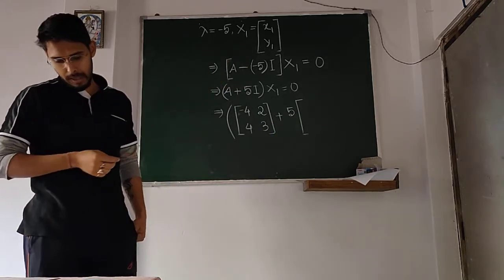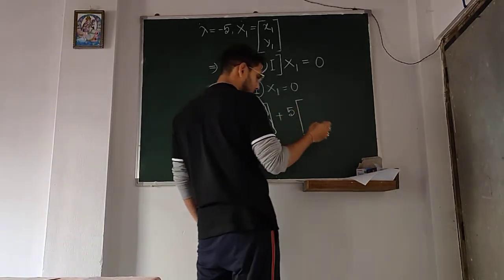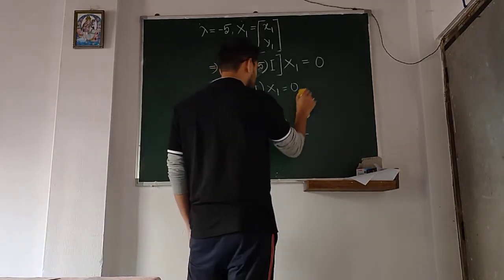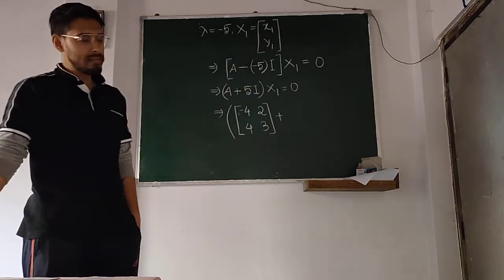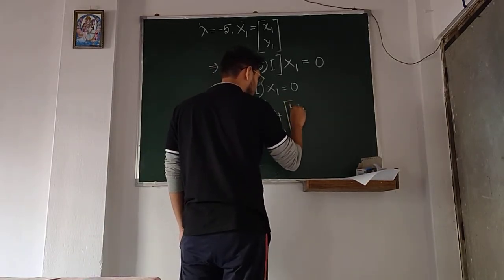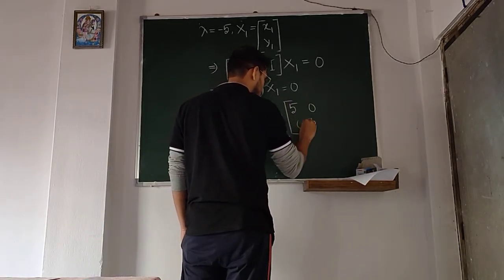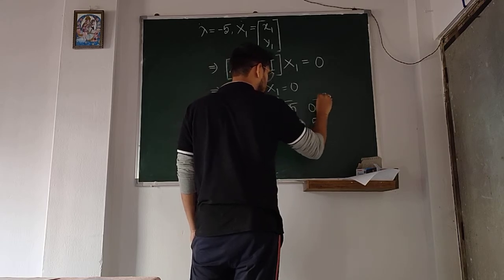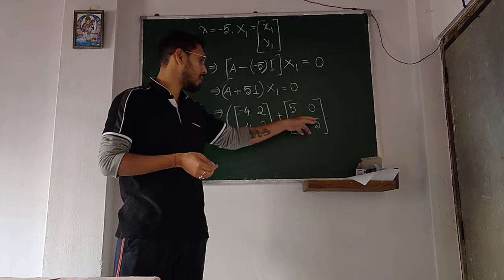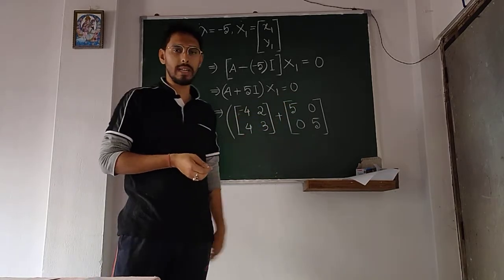We can directly put 5 here because you already know the process, so we don't need to write two steps for this. 5 into I, we can directly put inside. So it will be 5, 0, 0, 5, right? If you don't understand, you just write 5 into 1, 0, 0, 1. And the next step, you just put 5 inside that.